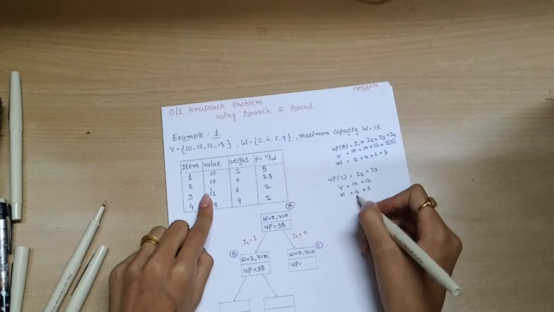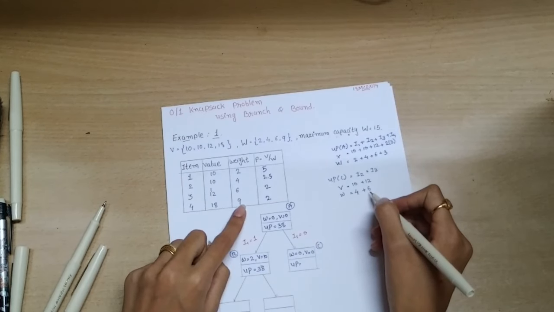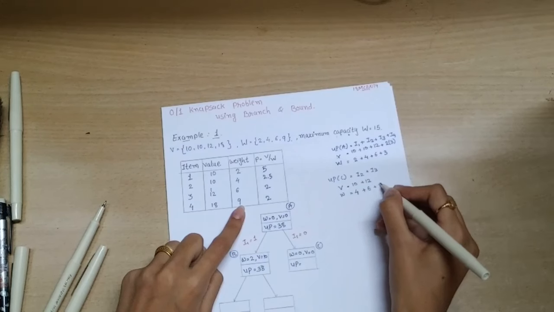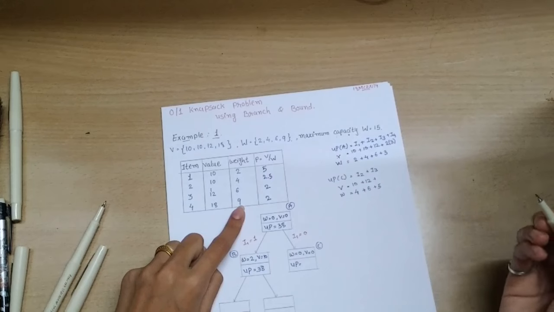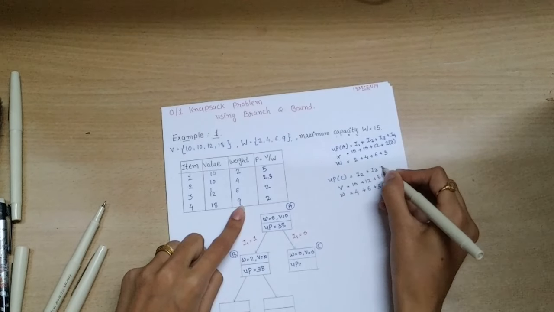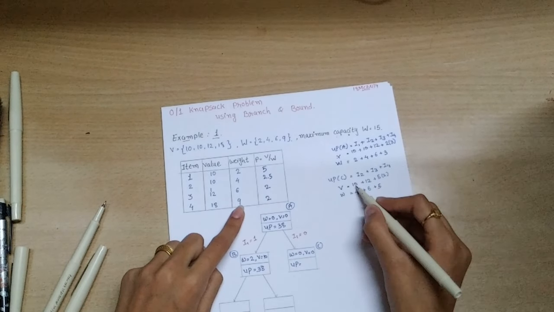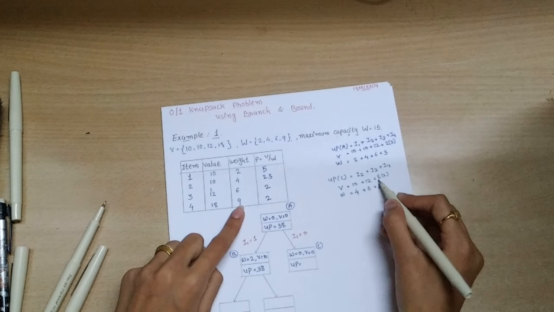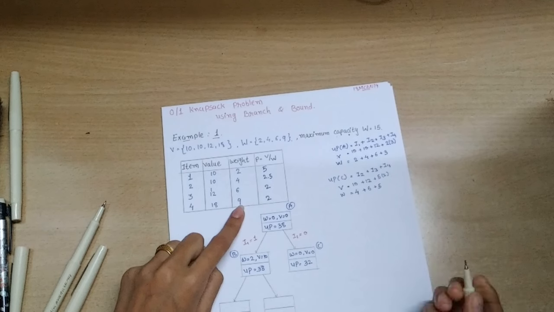We have 10 units of weight here, so we have to take a fraction of the fourth item. We have to consider only 5 units of weight, so the value will be 5 into 2 of item 4. So the upper bound will be 10 plus 12 plus 10, which is 32.